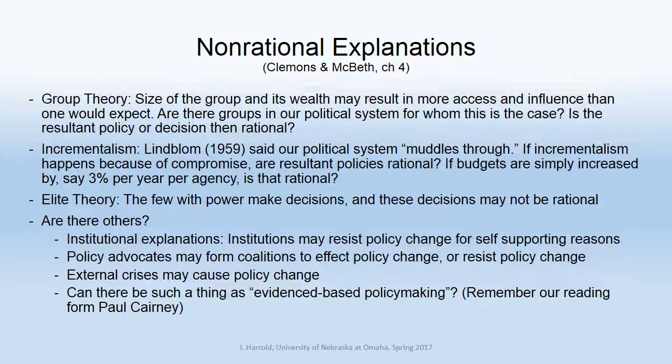Elite theory. In other words, the few with power make decisions, and those decisions might not always be rational. There are plenty of other ways of looking at policy. There are institutional explanations. A theorist named Niskanen in 1975, and I don't have him cited here, but he basically said that agencies at the federal level, he was writing about the federal level, had information superiority to members of Congress.